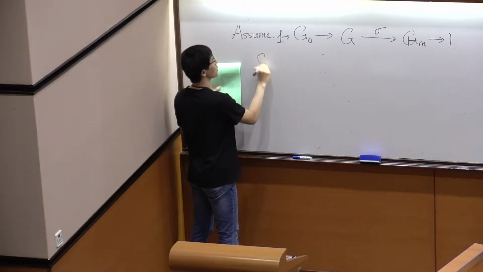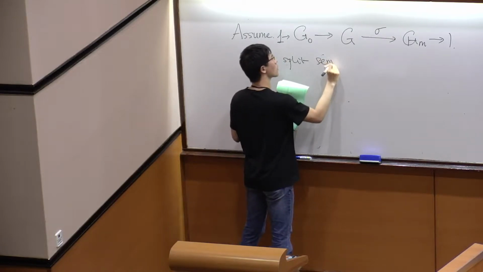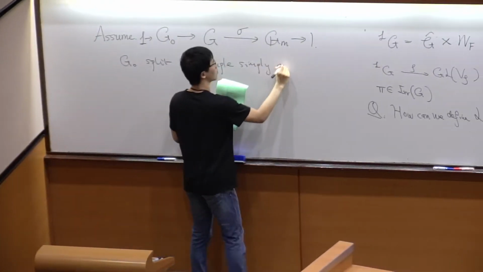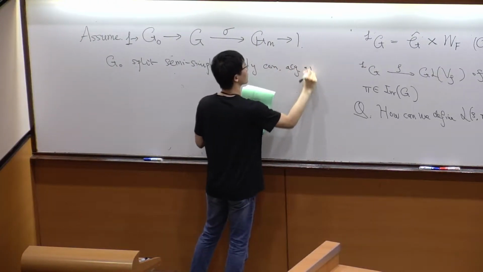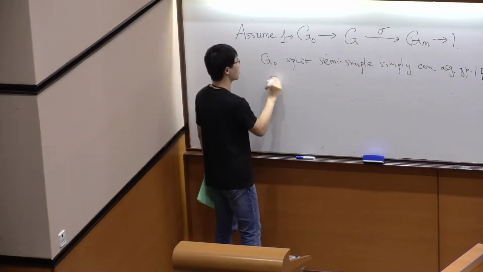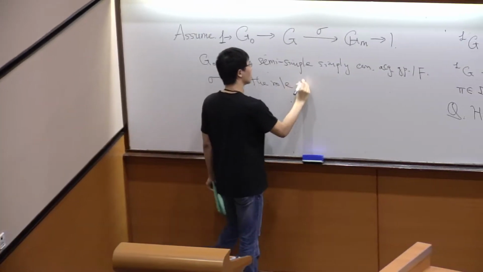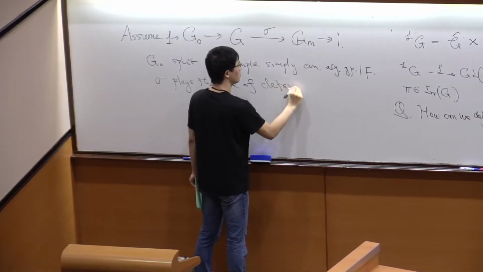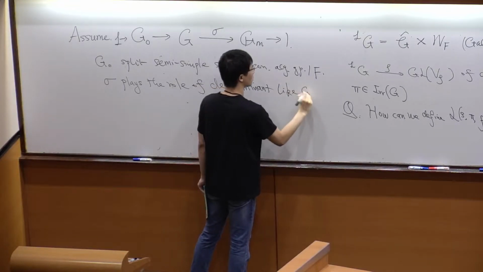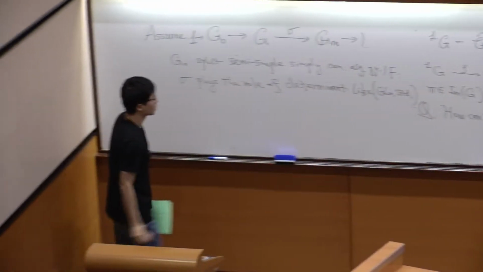Here, let me briefly mention that we assume that G naught is a split semisimple, simply connected algebraic group over F. And the character sigma here plays the role of determinant, like the GL_n case.